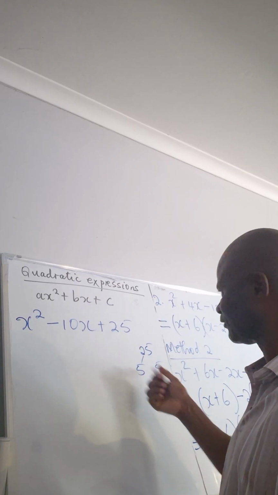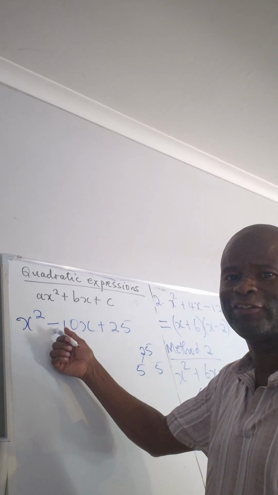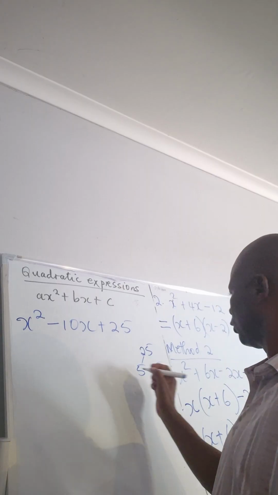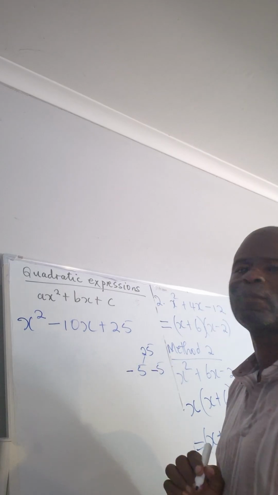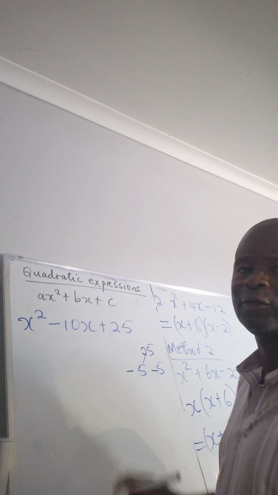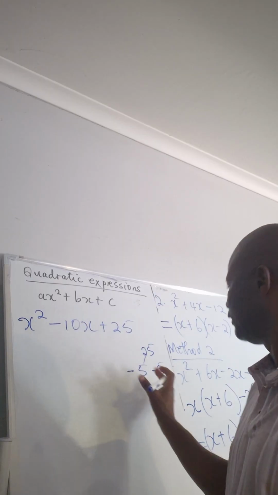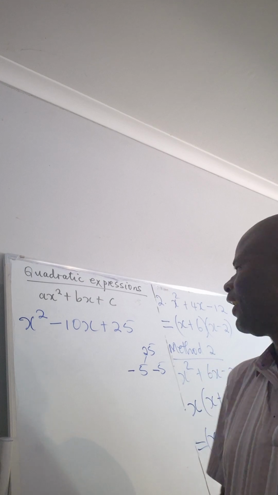Because when I say 5 plus 5, I can see a 10 here. But this time I need a negative here. So to get a negative here, I must put negative, negative. So minus 5 must give me minus 10. Then minus 5 times minus 5 must give me plus 25.